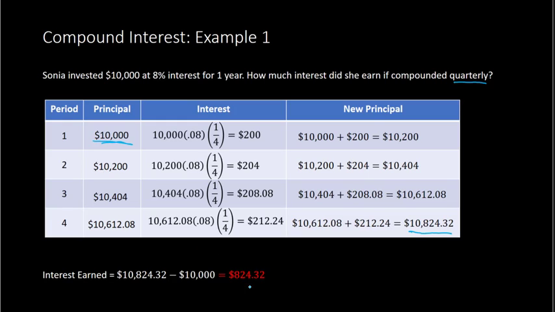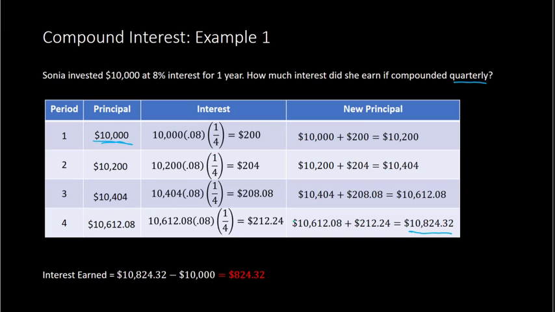So if I subtract those two numbers, I find that Sonia earned $824.32 in interest. Now notice that this number is bigger than if I were to find the simple interest of $10,000. This is compound interest because each quarter, or each time period, the principal is compounding.